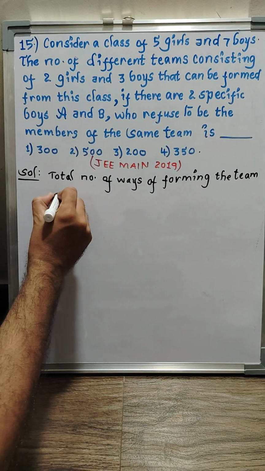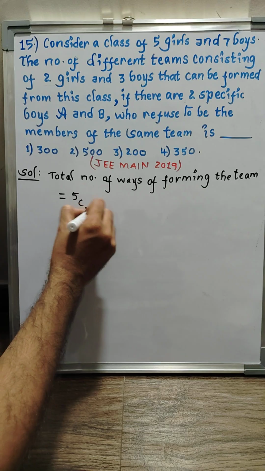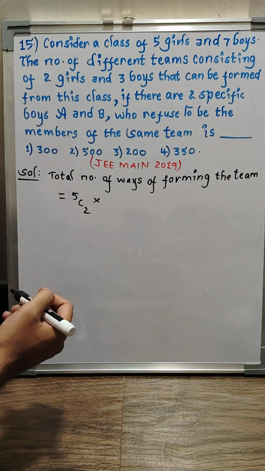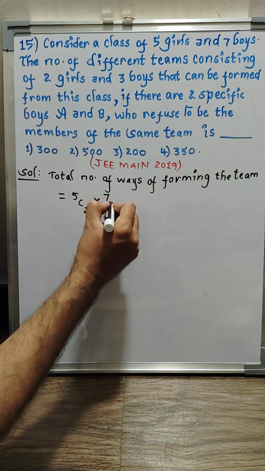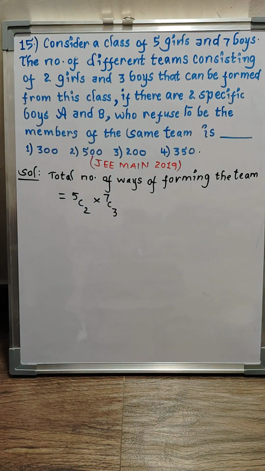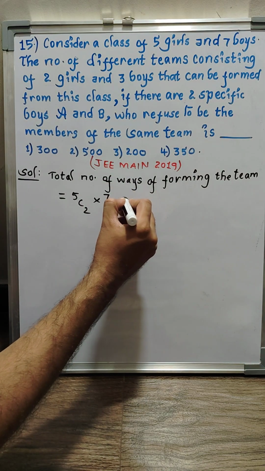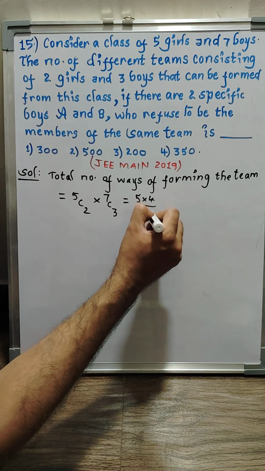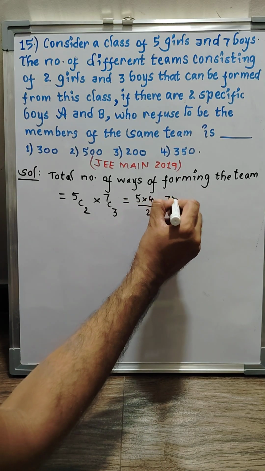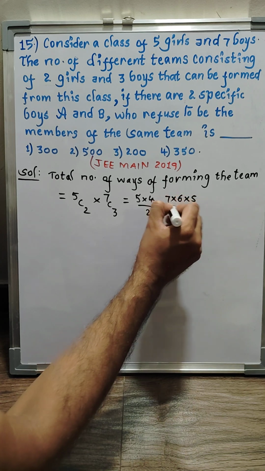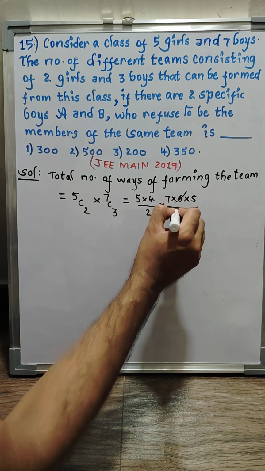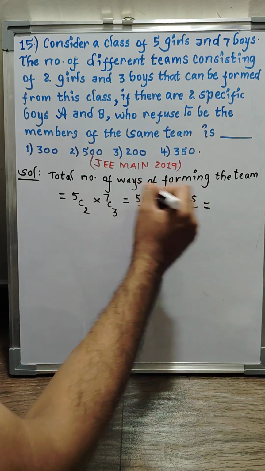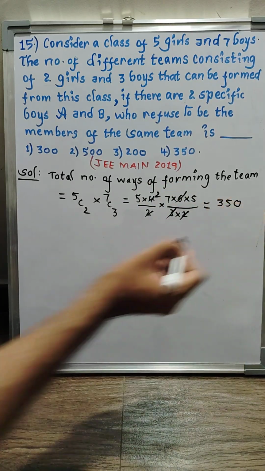Out of 5 girls, 2 girls can be selected in 5C2 ways. Out of 7 boys, 3 boys can be selected in 7C3 ways. So this can be taken as 5 into 4 by 2 multiplied by 7 into 6 into 5 by 3 into 2. The 2s cancel, finally 35 tens are 350.